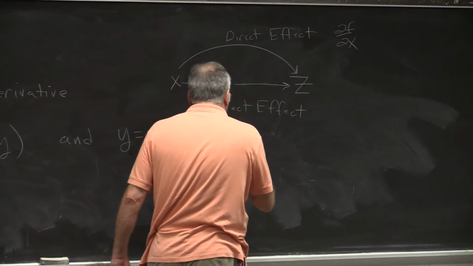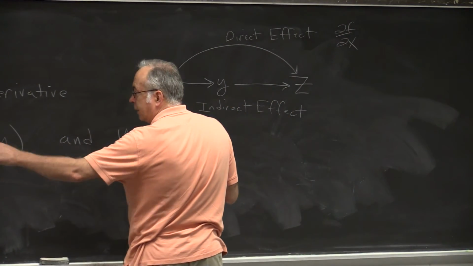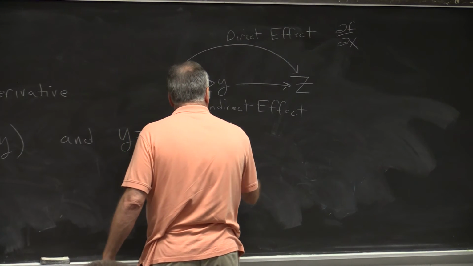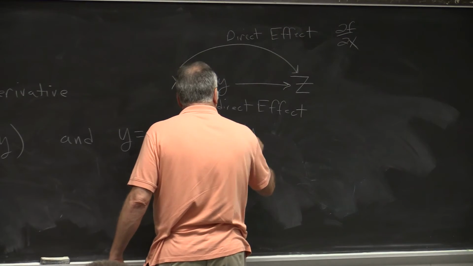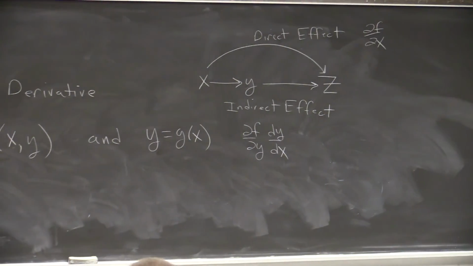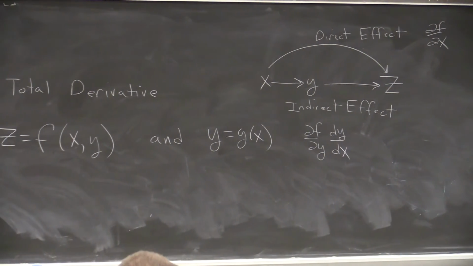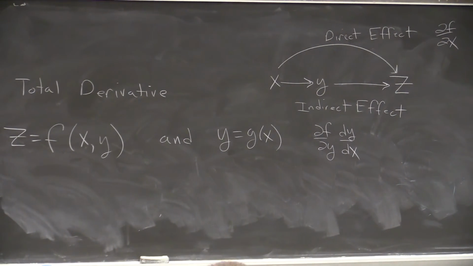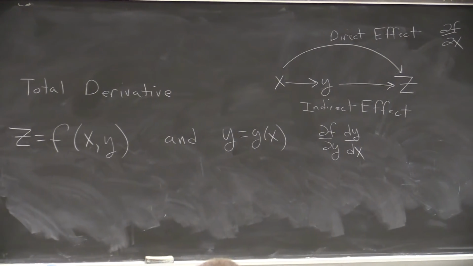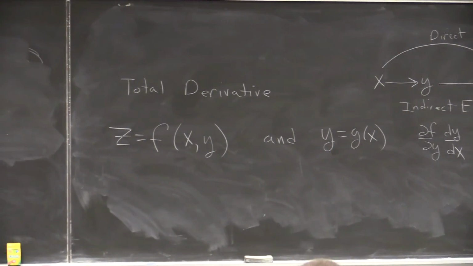The indirect effect is the product of these two terms: partial f, partial y, times dy/dx. That measures the indirect effect. You take the two of them together, you get the total effect. Hence the name total derivative. Here's your total derivative.